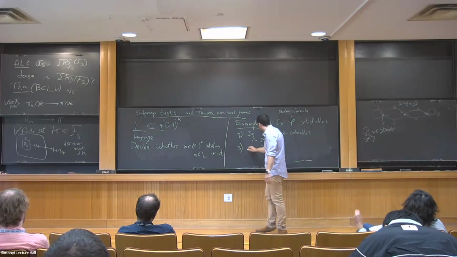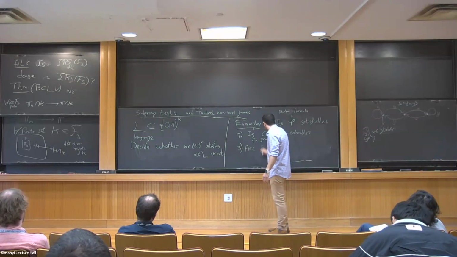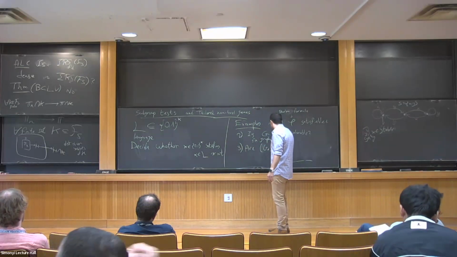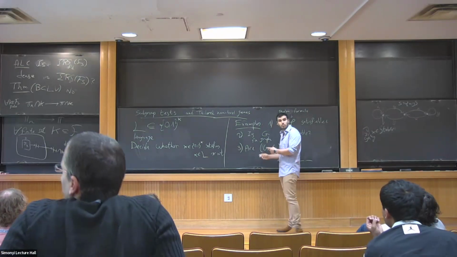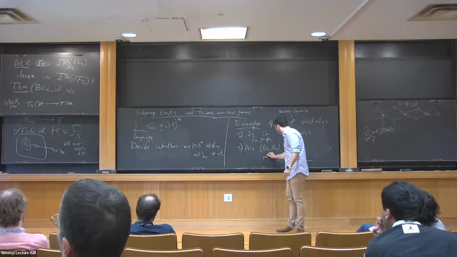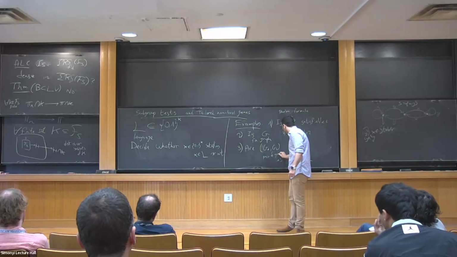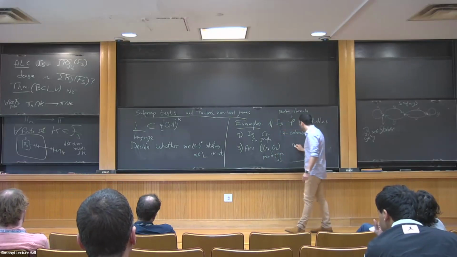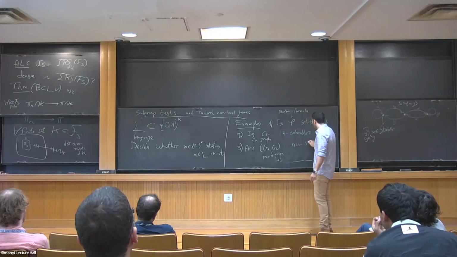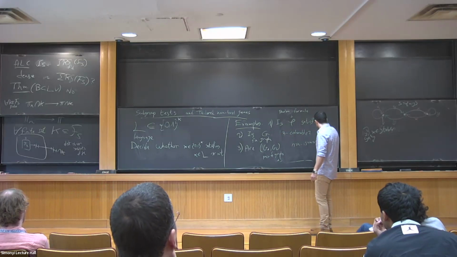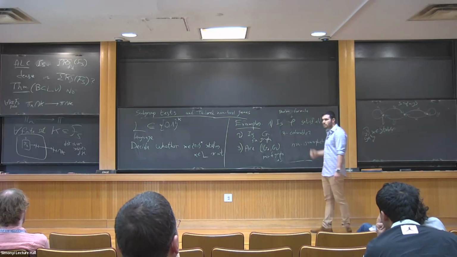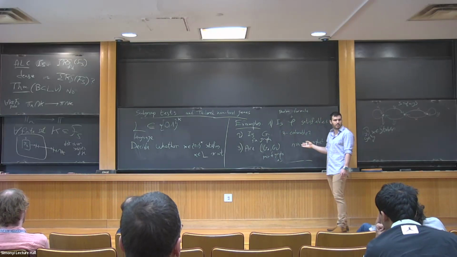Okay, third question. Are G1 and G2, a pair of graphs, non-isomorphic? So this is well known to be in what's called co-NP, okay?